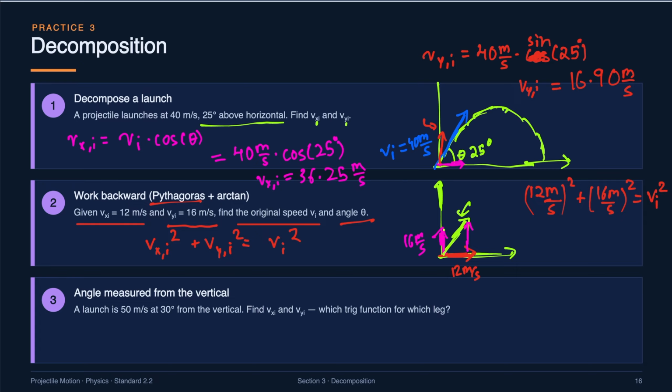We get 144 meters squared per second squared plus 16 squared meters squared per second squared, which is 256, is equal to velocity initial squared. Okay, my pen wasn't working there for a sec. So you add both of these, 144 plus 256, you end up with 400 meters squared per second squared is equal to velocity initial squared.